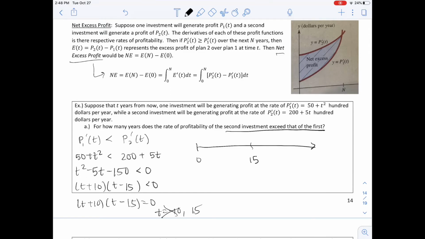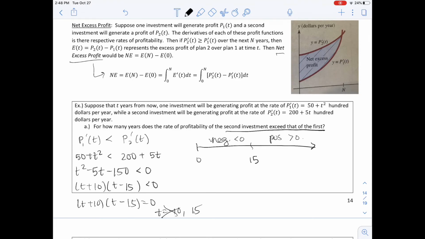Substituting in values, we can see that the first interval is where it would be negative, or less than 0. Anything larger than 15 is going to be positive, or greater than 0.